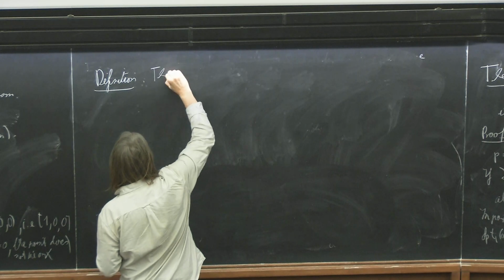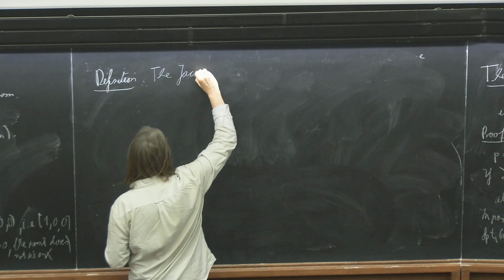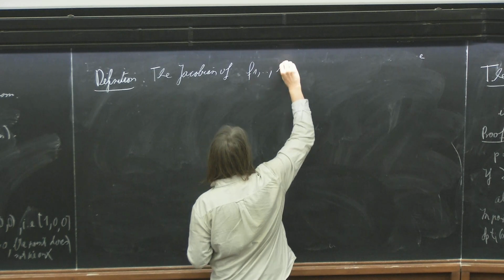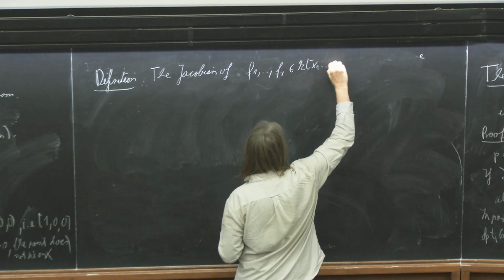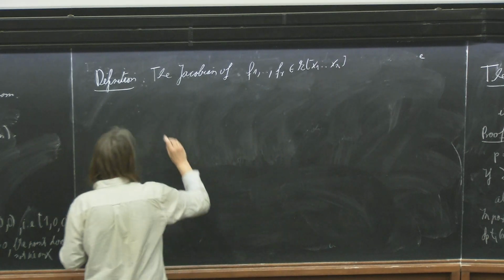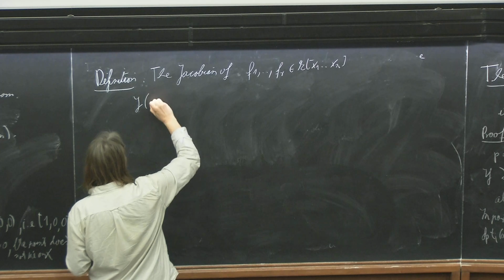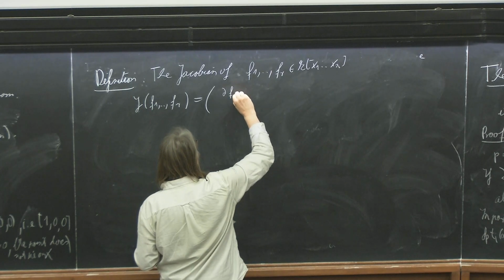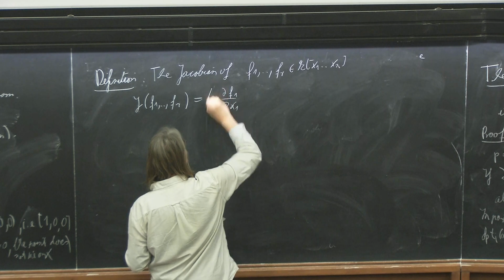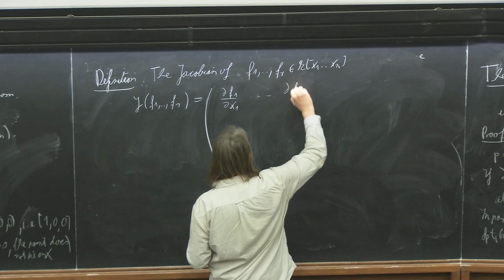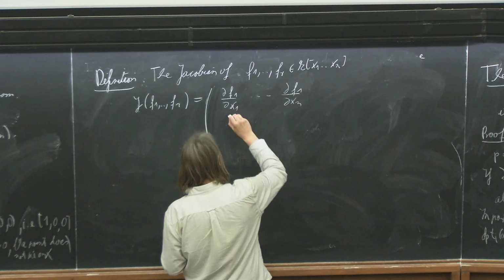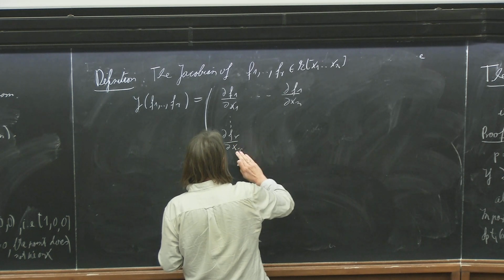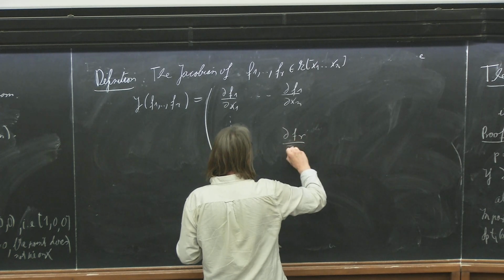So the Jacobian of some elements f1 to fr in k[x1, ..., xn] is, as we had seen, the matrix J(f1, ..., fr) of partial derivatives, df1/dx1 up to df1/dxn, down to dfr/dx1 until dfr/dxn.